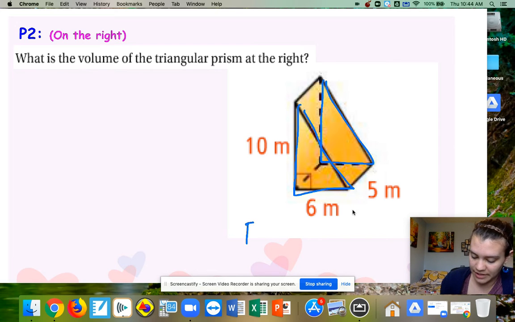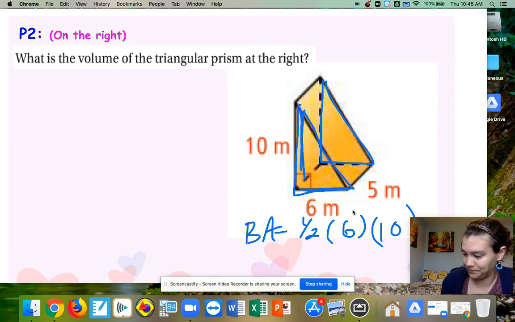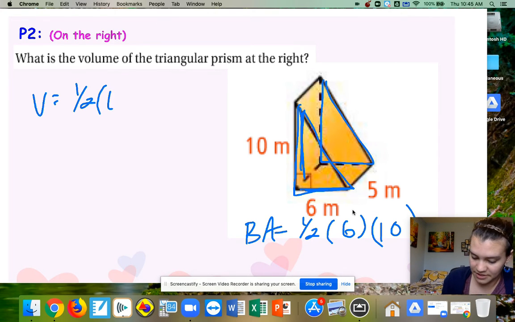So the base area here is a triangle, so 1/2 times the base times the height, and that's your base area. So if we're finding our volume, you want to do our base area, so 1/2 times 6 times 10, and then times the height here, which is going to be the measurement you haven't used.